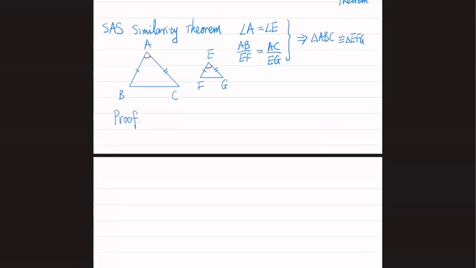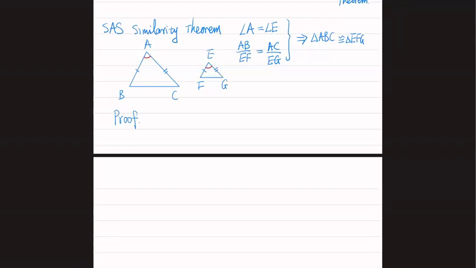Okay, what theorem do we have that we can use to prove this? We cannot apply AA similarity because we don't know if these 2 angles are congruent or if these 2 angles are congruent. We only have one. It's not easy.